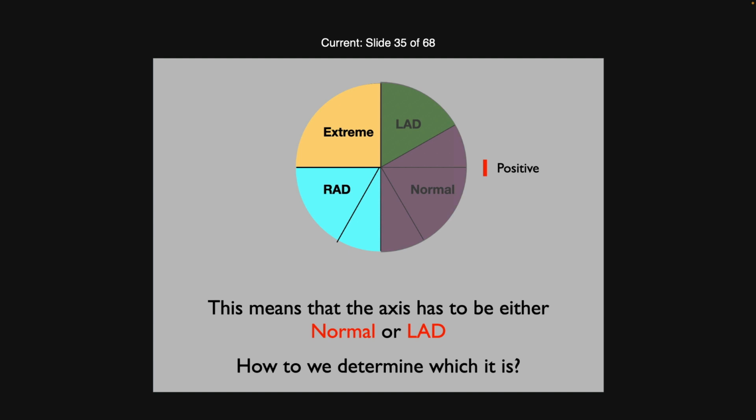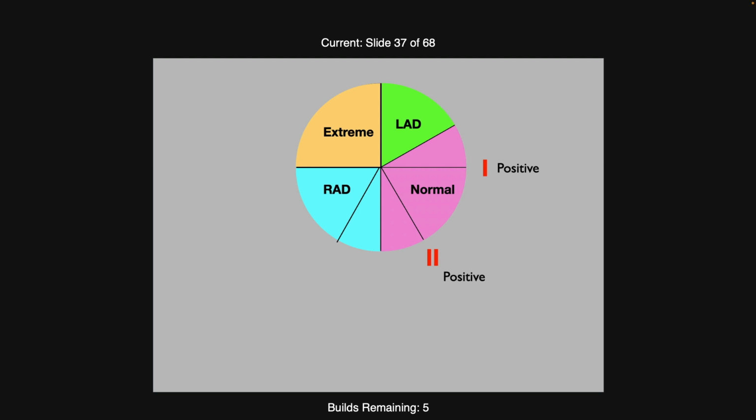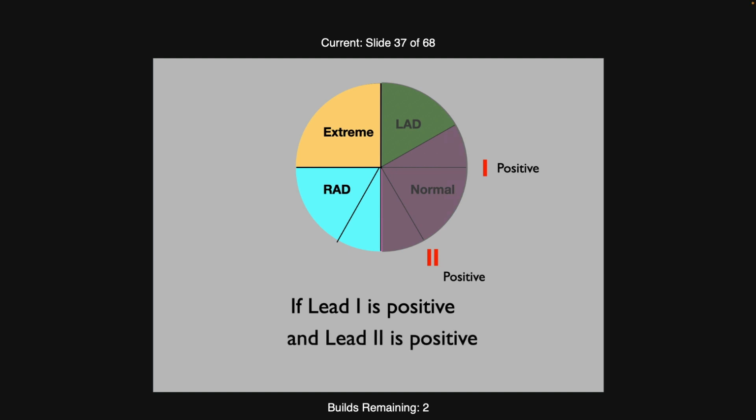Well, if lead 1 is positive, our next step is to look at lead 2. Okay? If lead 2 is positive, so lead 1 is already positive. If lead 2 is positive, then it's going to be in this half, here.